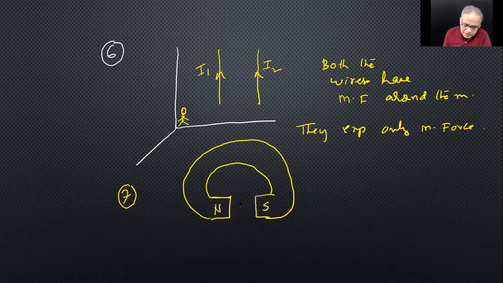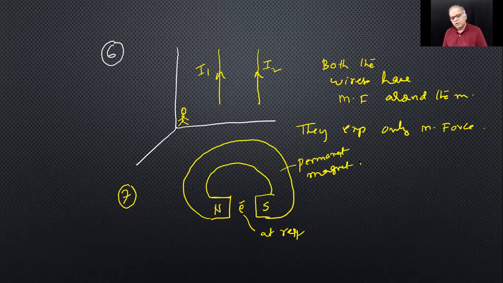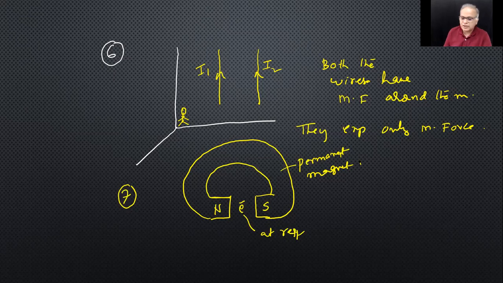I place an electron at rest. Could you describe the situation now? The permanent magnet this is. So in a magnetic field produced by a permanent magnet, I place one electron at rest. Now tell me something.